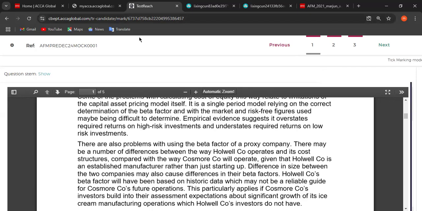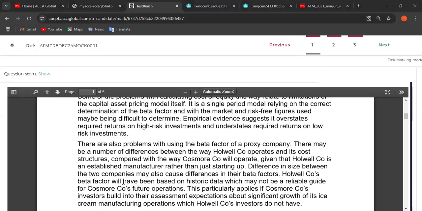So the examiner is saying what is happening. There may be a number of differences between the way H company operates and its cost structures compared with the way Cosmore operates, given that H company is an established manufacturer rather than just starting up. Difference in size between the two companies may also cause a difference in their beta.